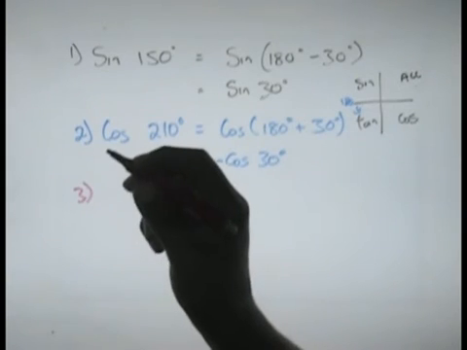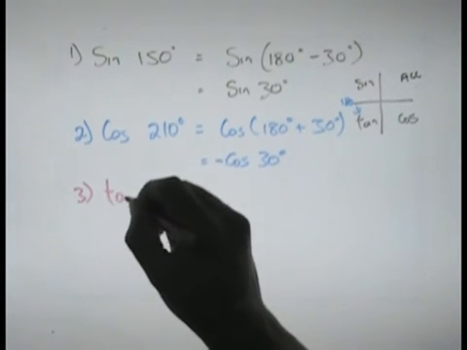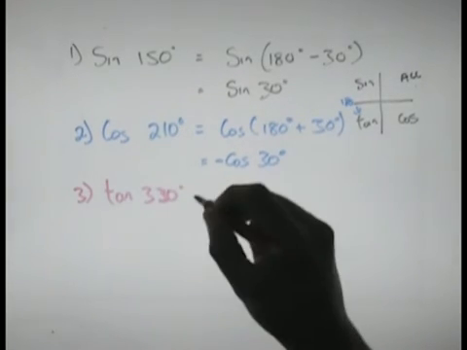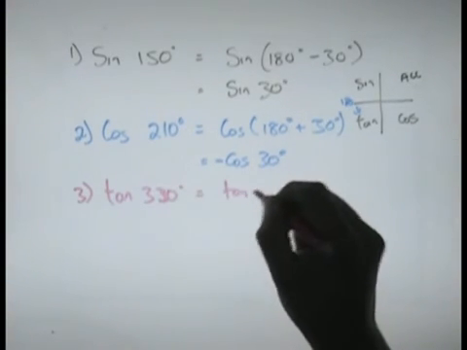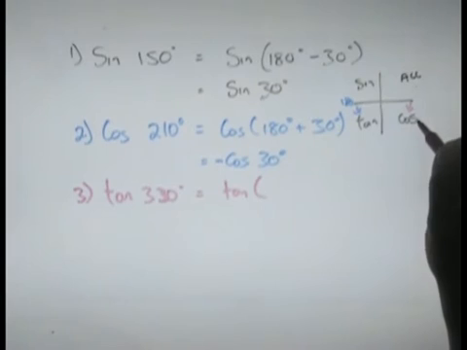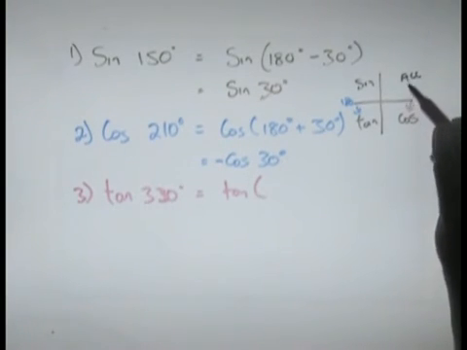The third one read tan of 330 degrees. That's going to equal tan. Remember, we're doing x reductions, and we're making it an acute angle smaller than 90.